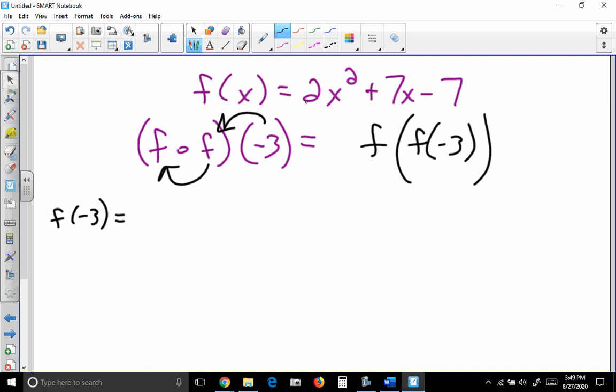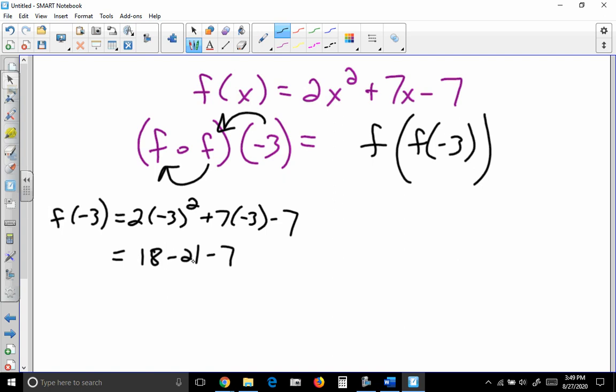So when we substitute into the function f, let's put a parenthesis around our input everywhere we put it in. So -3 is squared times 2, -3 is times 7, and then minus 7. So -3 squared, -3 times -3 is 9 times 2, 7 times -3, and then minus 7.